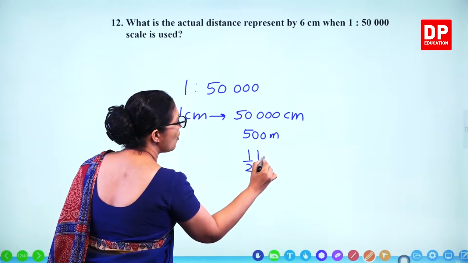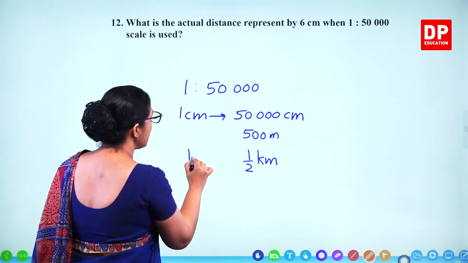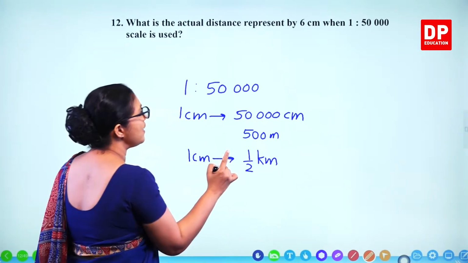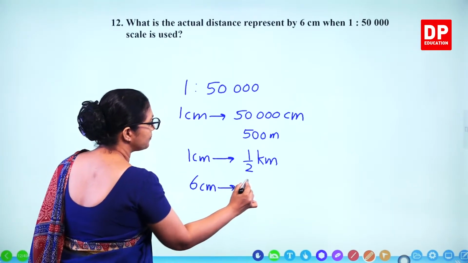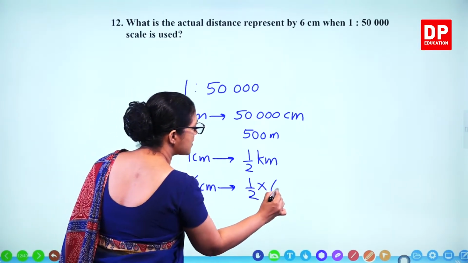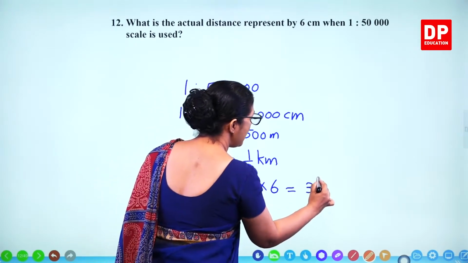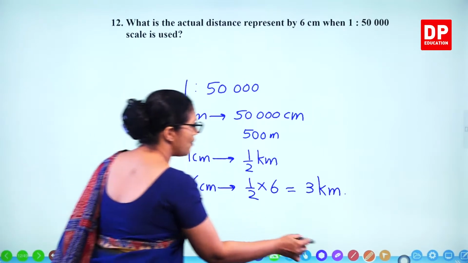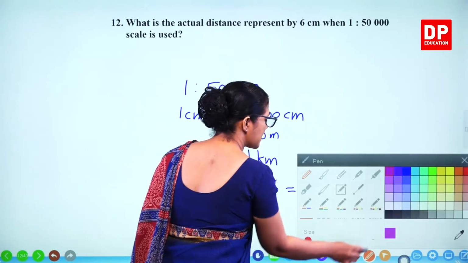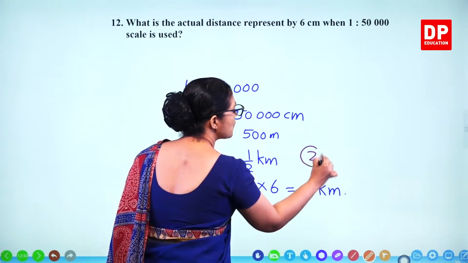So half kilometer. 1 centimeter means half kilometer. What about 6 centimeters? Half into 6. You get 3 kilometers. That's the actual length represented by 6 centimeters. So you get 2 marks for that.